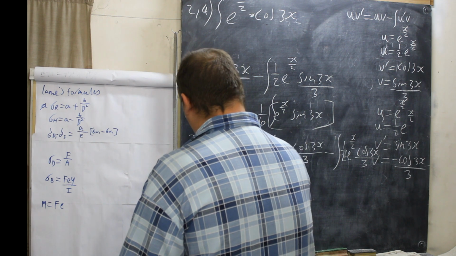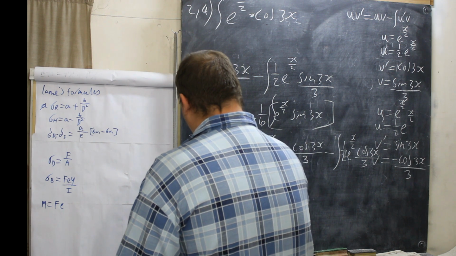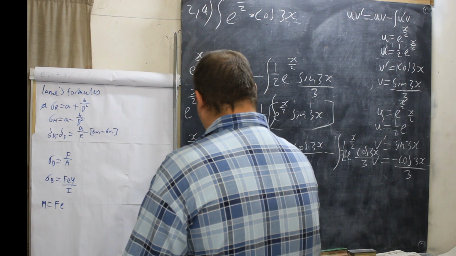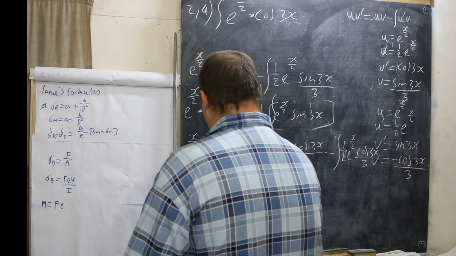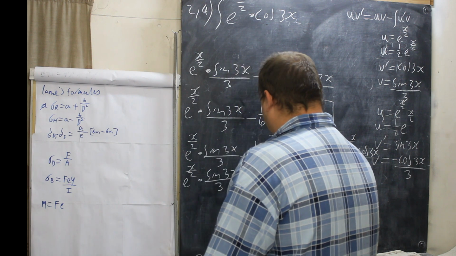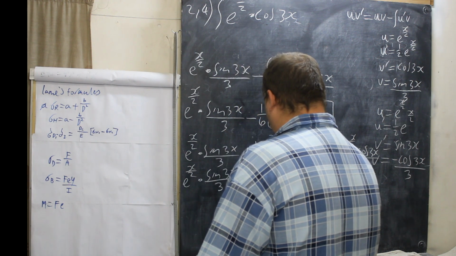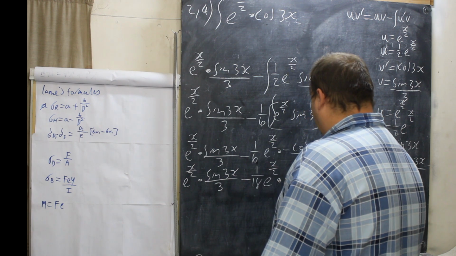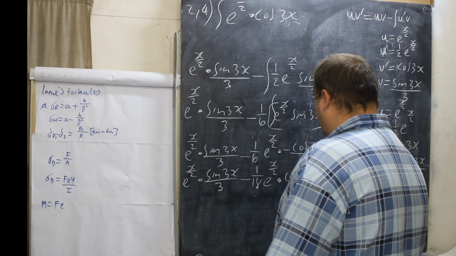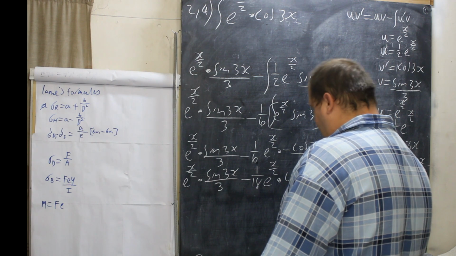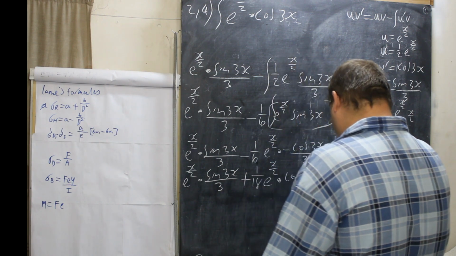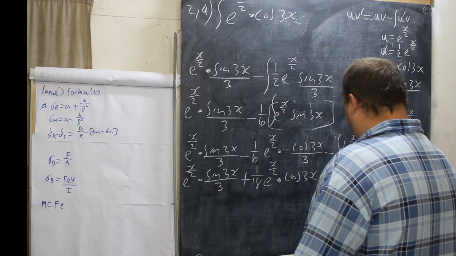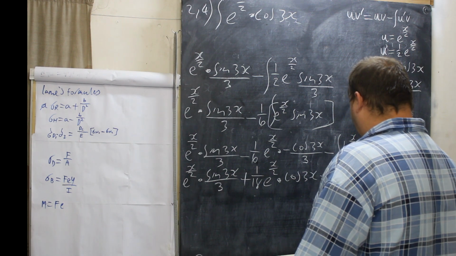So we are left with e to the x over 2 times sine 3x over 3 minus 18 e to the x over 2 times cos 3x plus cos 3x minus 1 over 36.